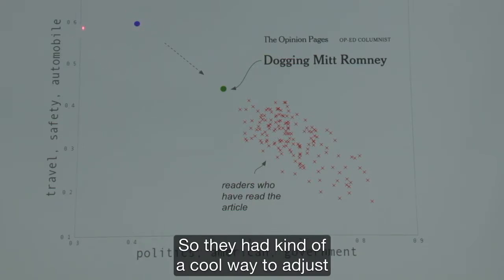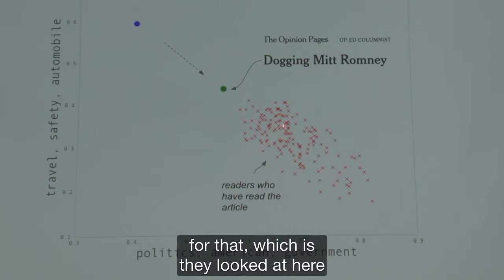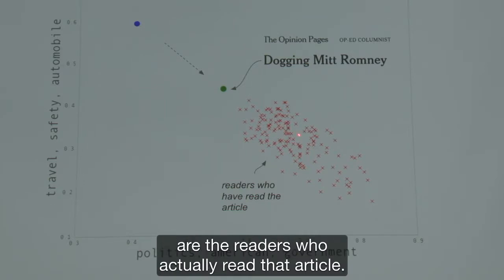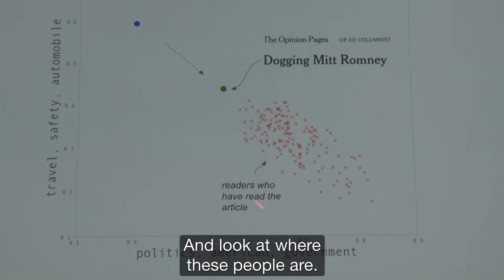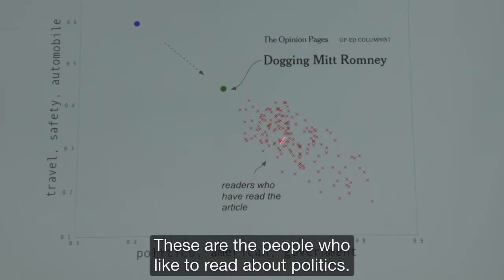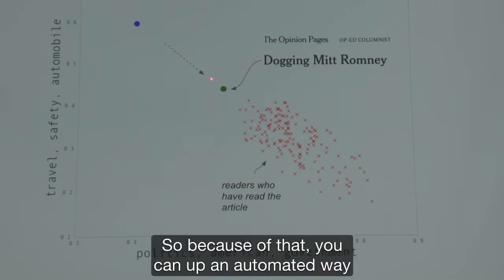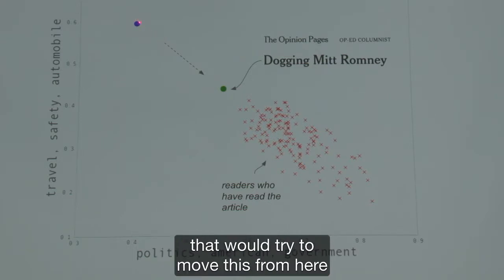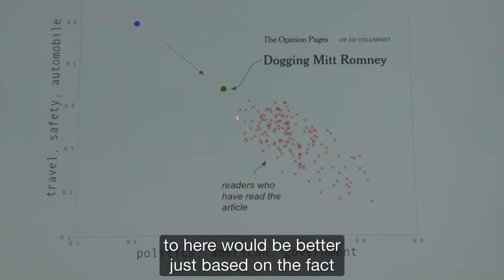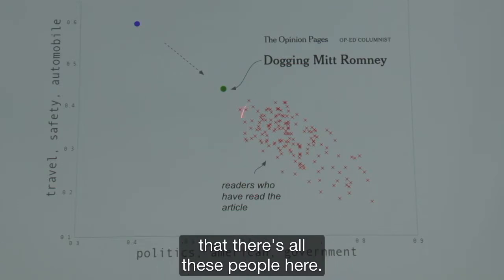So they had a kind of cool way to adjust for that, which is they looked at the readers who actually read that article, and look at where these people are. These are the people who like to read about politics, okay? So, because of that, you can make up an automated way that would try to move this from here to here, just based on the fact that there are all these people here.